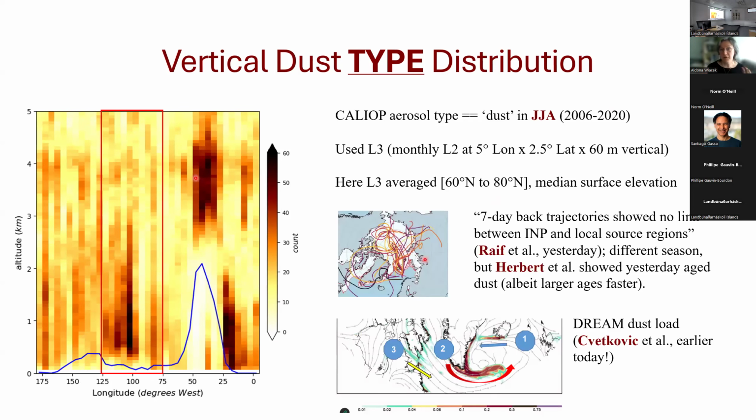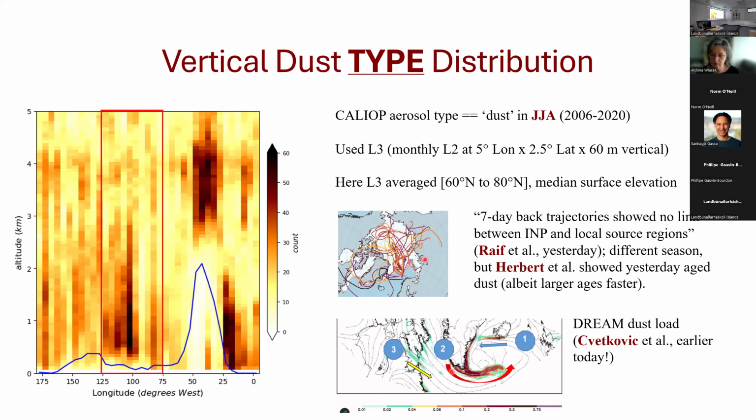Forgive me, but I screen-capped a couple of really interesting plots from yesterday when Aaron Rafe was talking about how 7-day back trajectories show no link between INP and local source regions. It was in a different season, but then we had Ross Herbert showing that dust is pretty aged. These are bigger particles, which would fall out faster, but still this is a consistent picture of homogenized dust that doesn't contradict these.